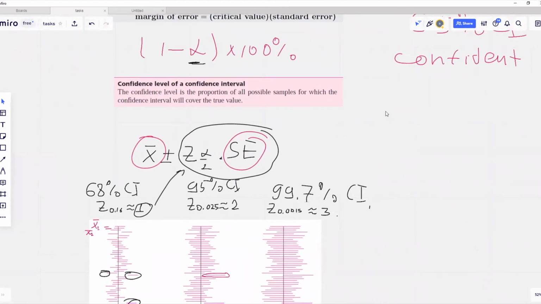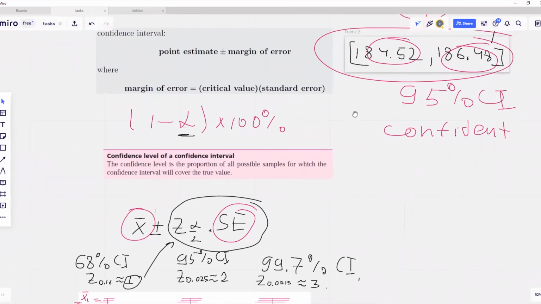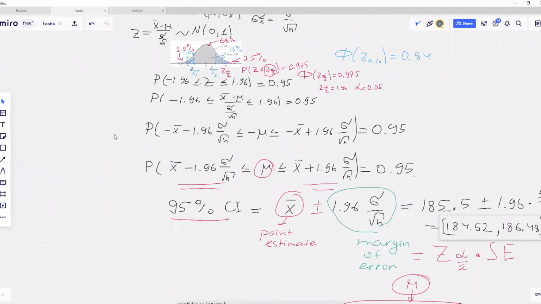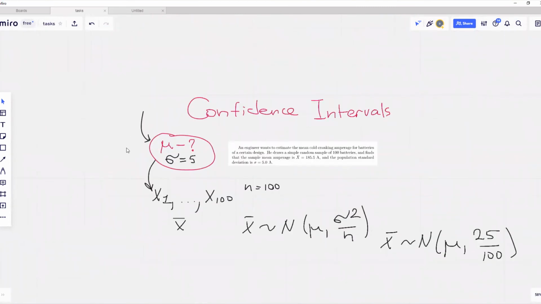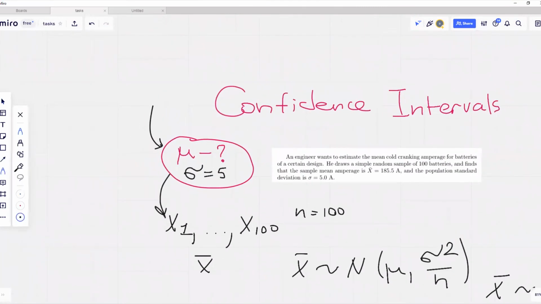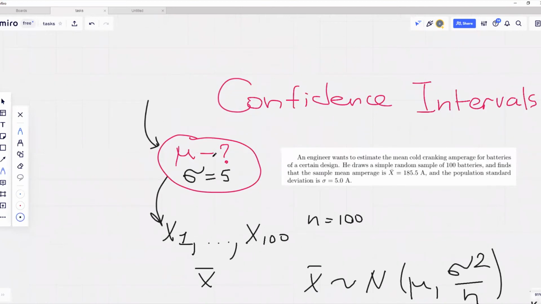All right, guys, now let's summarize some important points. We started with a case when the true population mean was unknown. Population standard deviation was known.